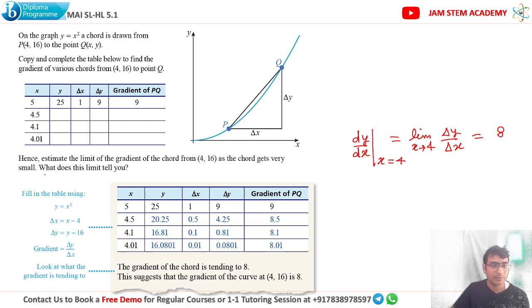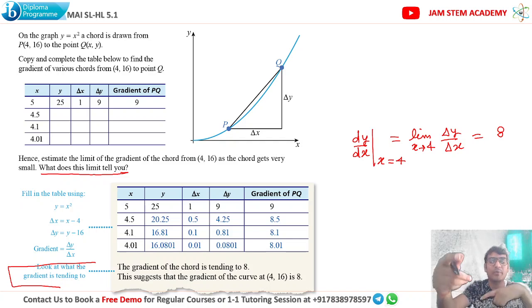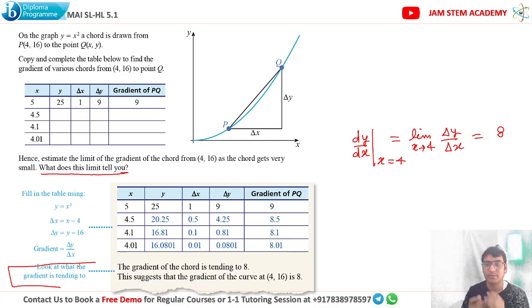So what does this limit tell you? The gradient of the chord is tending towards 8, and this suggests that the gradient of the curve at this point 4 comma 16, calculated using the concept of limits, is coming out as 8, meaning the value is approaching 8.